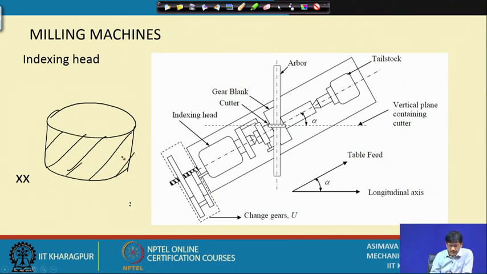When power is being transmitted from one gear to another at a particular time, in case of straight spur gears, where the teeth are straight and parallel to the axis, maybe only one tooth would be doing the active transmission of power, and it will be under quite a heavy load.